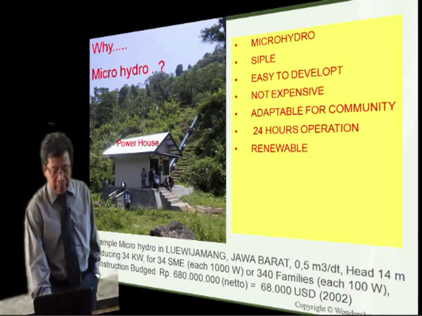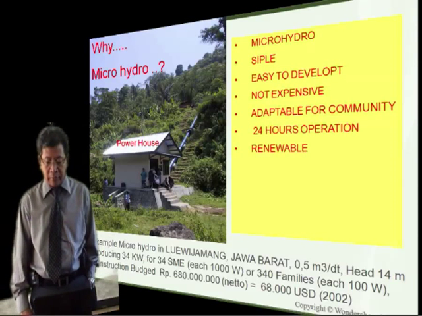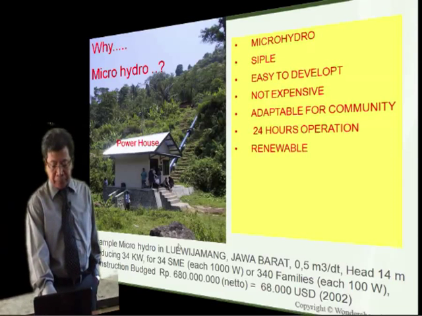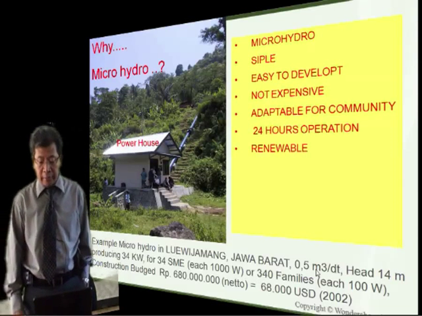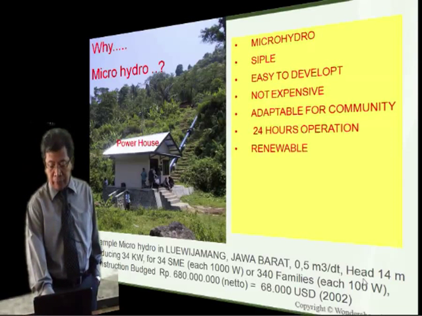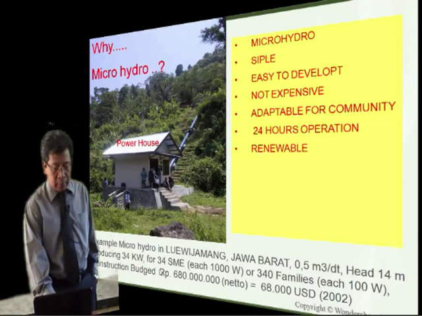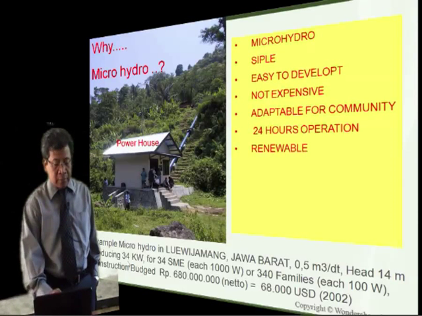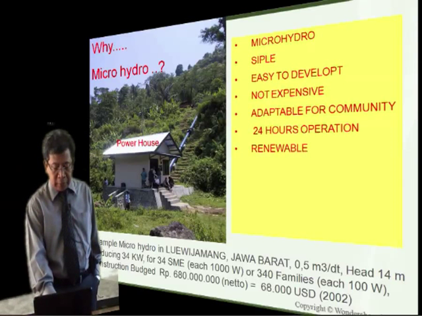For example, microhydro in Louisiana, West Java, the discharge is only 0.5 cubic meter per second, and we have 14 meters of head. The electric product is 34 kilowatt, and we can use, for example, 30 kilowatt.